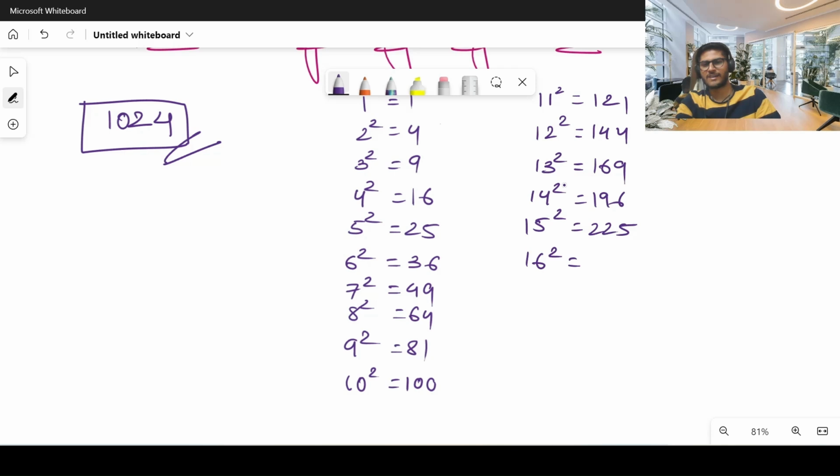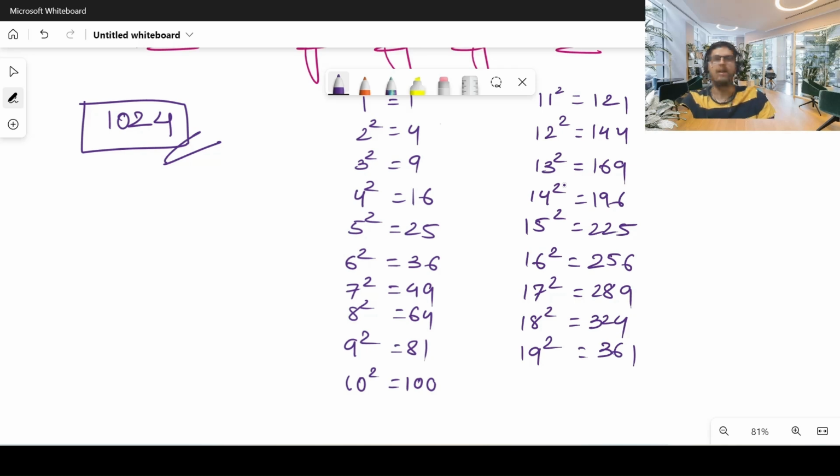Those who are getting the answer, just comment your answer below. Although I'm going to write it, no worries. Square of 16 is 256, square of 17 is 289, square of 18 is 324, square of 19 is 361, and square of 20 is 400.